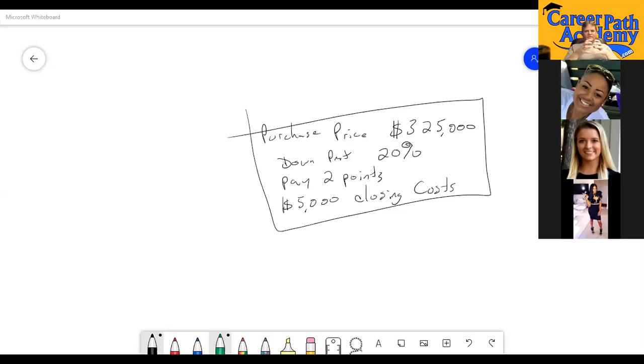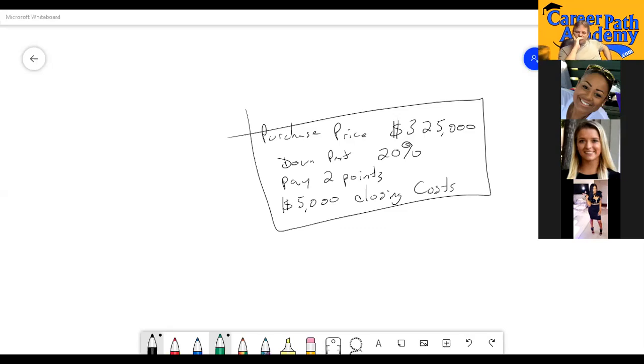Yes. Slowly but surely. Okay, just want to make sure you guys are working it out. I mean, what's the first step that you're doing? Times the 20% to find the down payment. There you go, correct. And then what's the next step? Subtract the down payment from the purchase price.